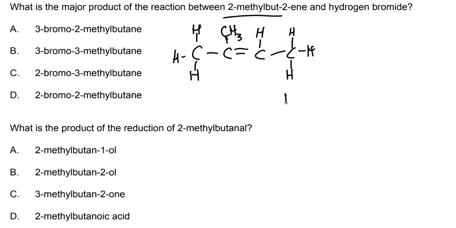And if we have hydrogen bromide, we're going to be attacking this double bond, so the H is going to become more partially positive, and this one's going to be partially negative, and this one's going to have heterolytic fission, and this H plus is basically going to attack this one. And remember, according to Markovnikov's rule, this H plus is going to attach to the carbon with the most number of hydrogens.